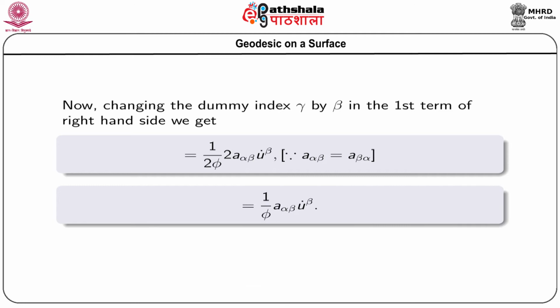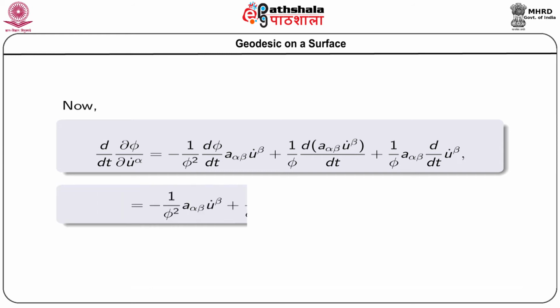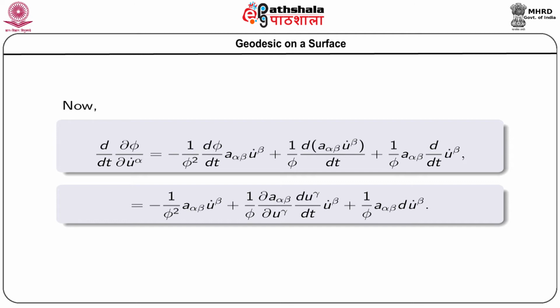So, the expression del phi by del u dot alpha comes to 1 by phi a alpha beta u dot beta. Now, we find the expression d by dt of del phi by del u dot alpha, and which comes to this expression. Simplifying this one, we get this expression.